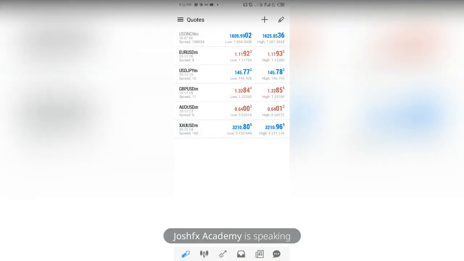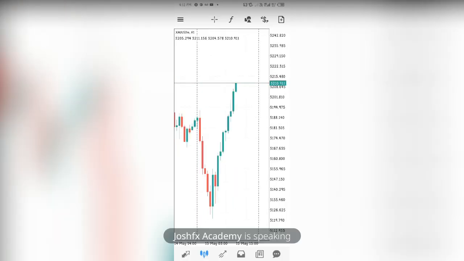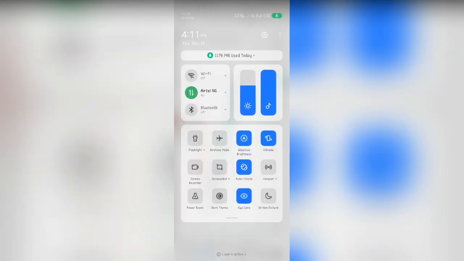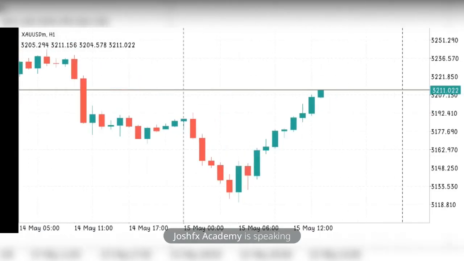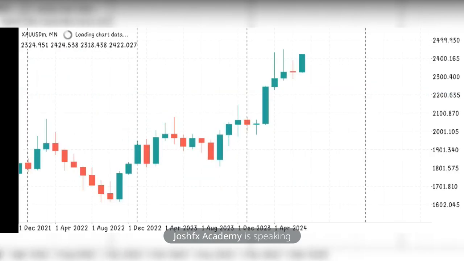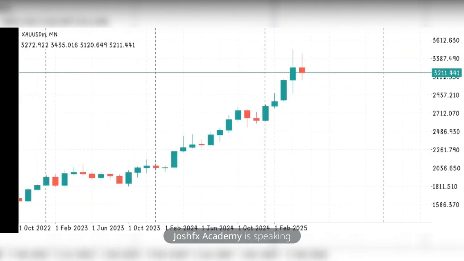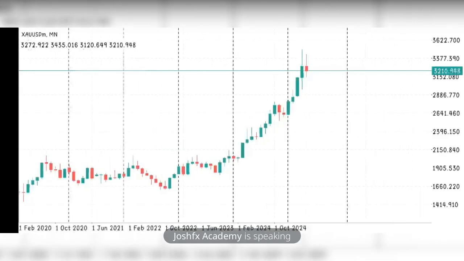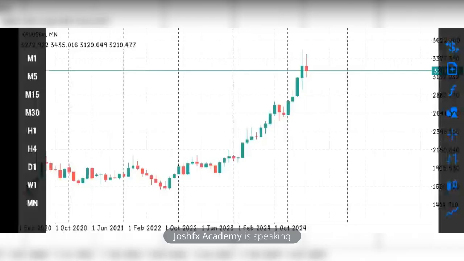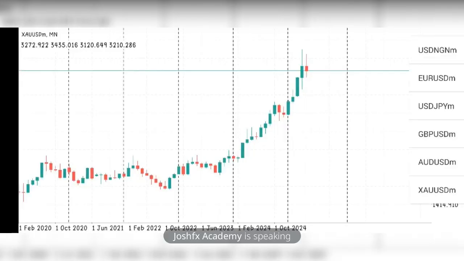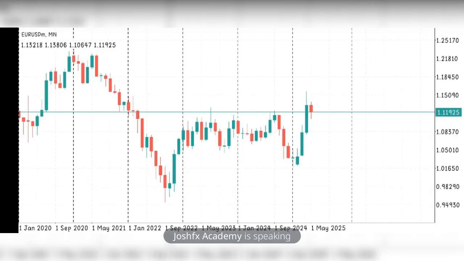Now remember what we've said in the past about liquidity: liquidity is the originator of price movement. Liquidity is the originator of price movement, which means that what allows the market to move is the liquidity. So when we don't have liquidity, we don't have a sense of direction.